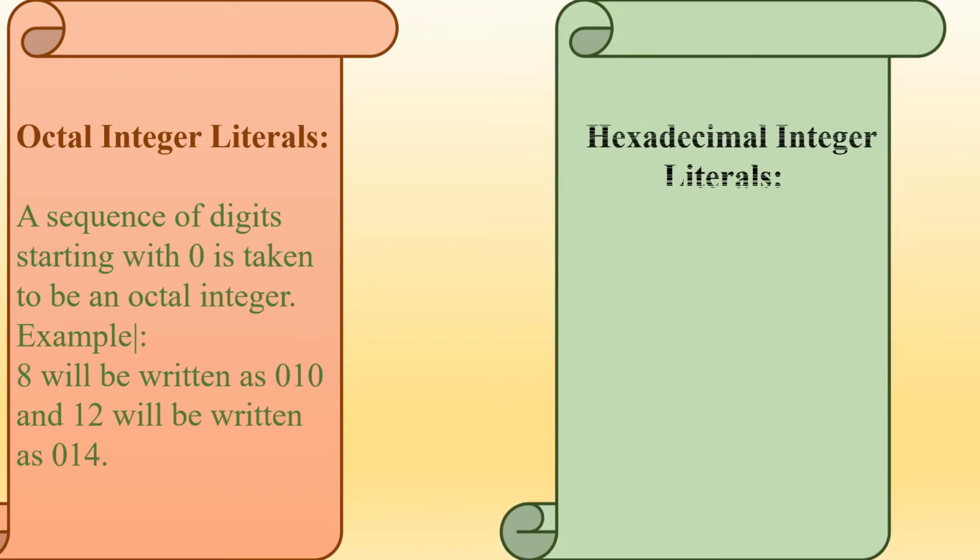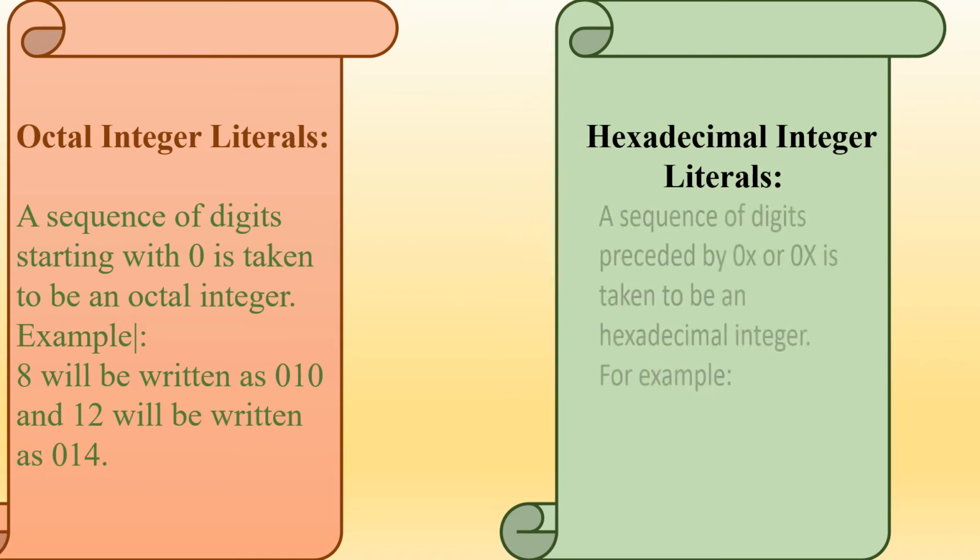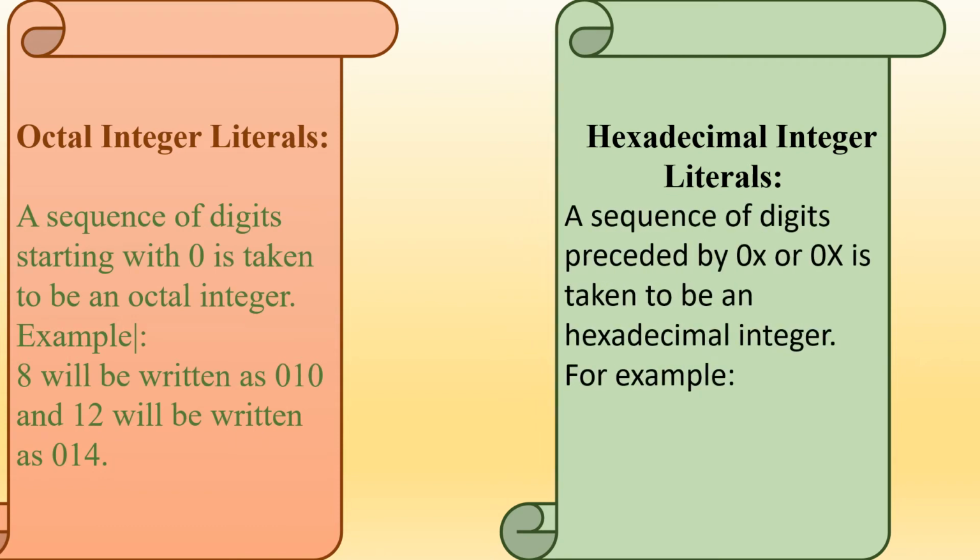Next one is hexadecimal integer literal. If a number starts with 0x, either small x or capital X, then it is called a hexadecimal integer. Just for example, 12 in decimal can be written as 0xc in hexadecimal.